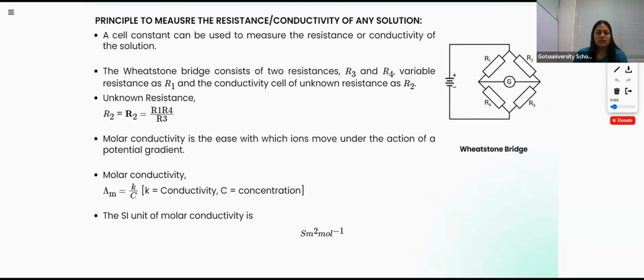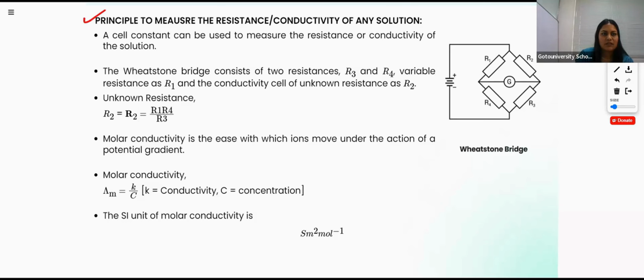Now let us study some principles or methods to measure the resistance or conductivity of any solution.